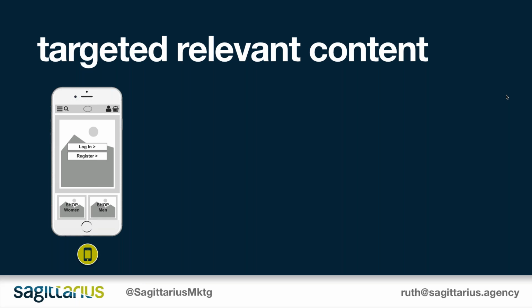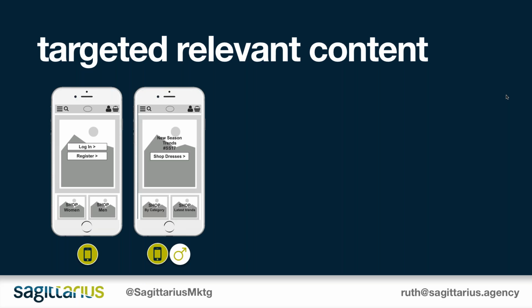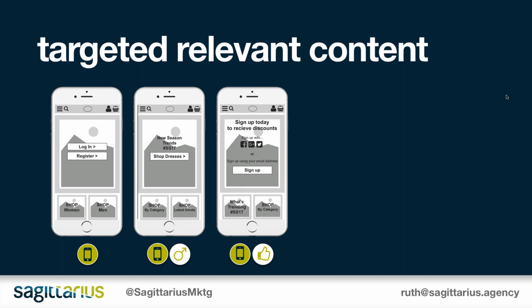The lead banner is trying to entice me to log in and register, and then we've got shop women and shop men. Now this example is of the first visit, so the site has no information about me at this point in time. Once I've returned, and in my first example I've clicked shop women, the top component then starts to promote dresses to me. It then removes the option to shop men, and it says shop latest trends.